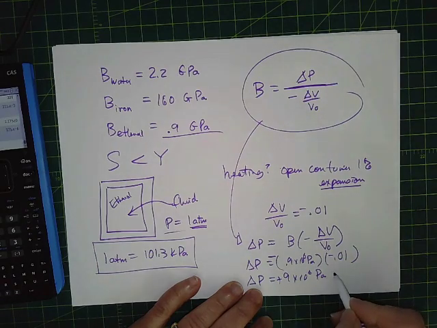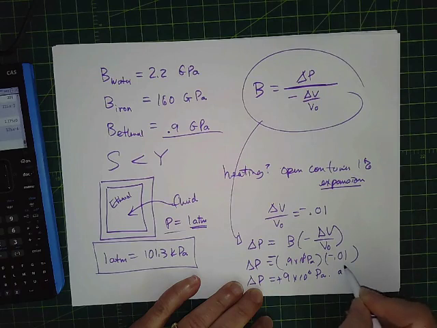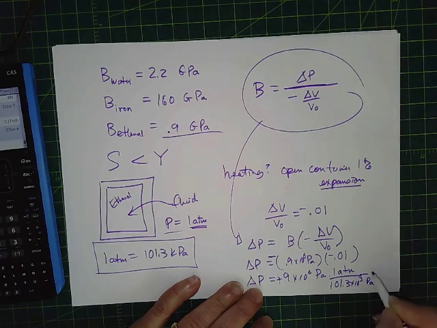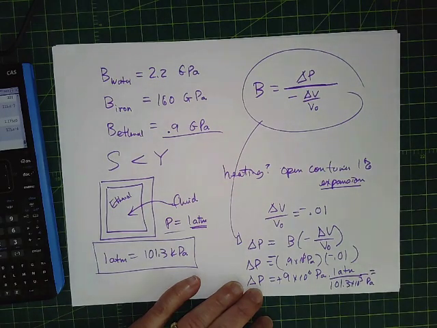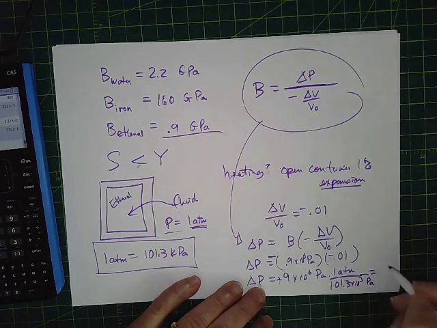So in pascals, it's this. If we want it in atmospheres, which is what the notes wanted, we're going to do 1 atmosphere, 101.3 times 10 to the third pascals. And doing that conversion, we get roughly 90 atmospheres.